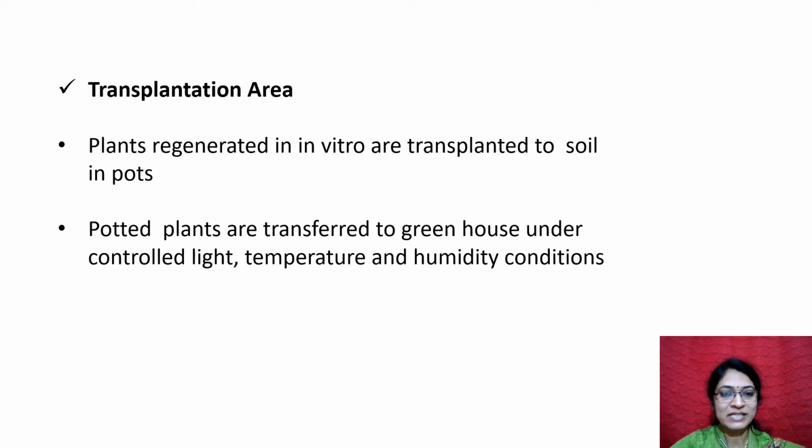They must be adjusted to wild condition. Hence, before transferring them into wild condition, the plants regenerated in vitro are transplanted to soil in pots. Sterilized soil is used first in sterilized pots.